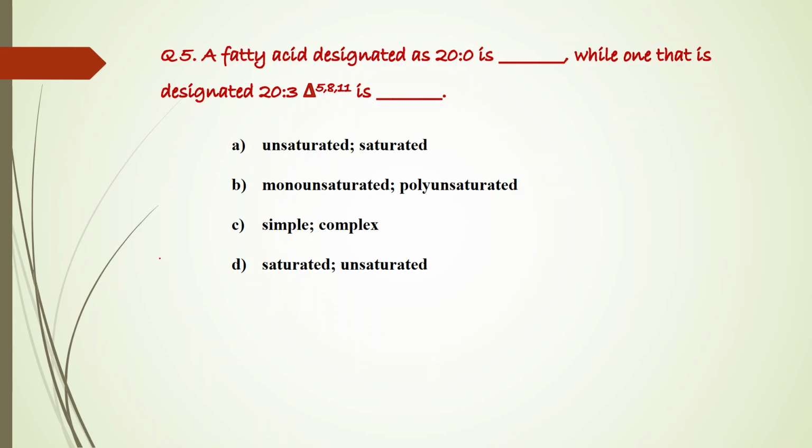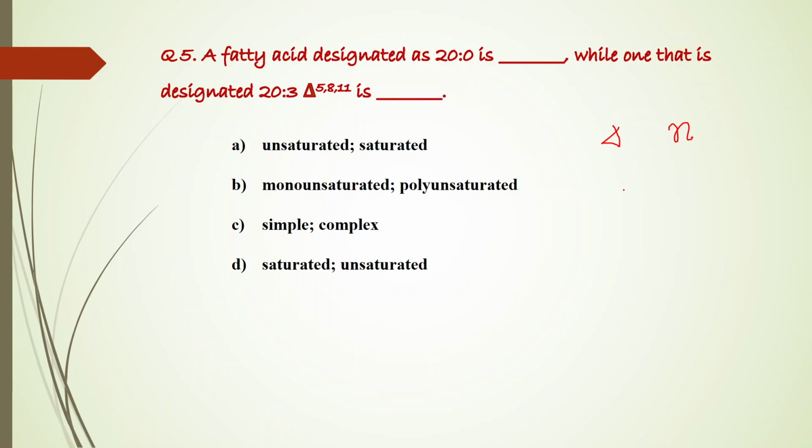Let us come. So first we need to understand what these numbers mean. We already know that in the case of fatty acids we can designate them by two models, one is delta designation and another one is n designation.